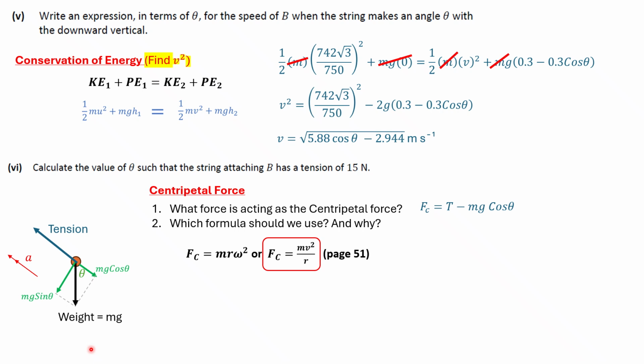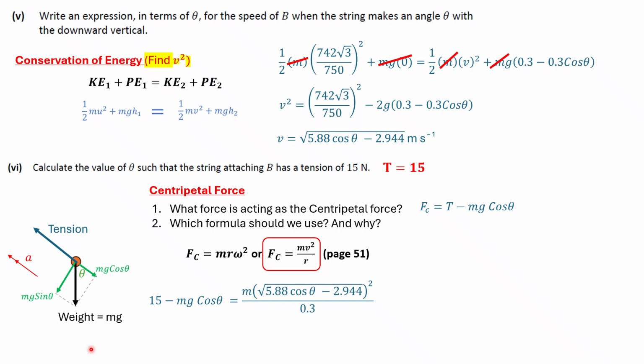So we know that T minus mg cos theta is equal to mv squared over r. We also know that T is 15, and we're going to sub all this in. So 15 minus mg cos theta is equal to m, and I've put in that v squared from above, so v to be squared, all over our r, which is 0.3. That's the length of our string.